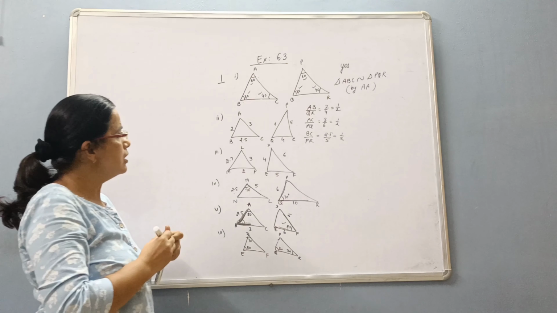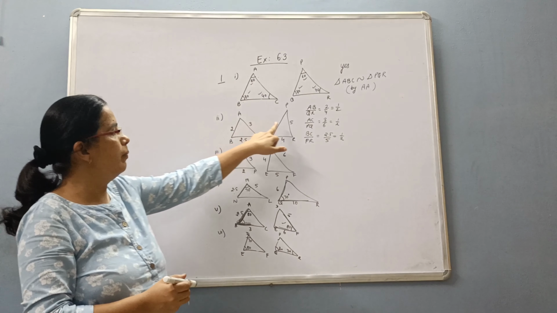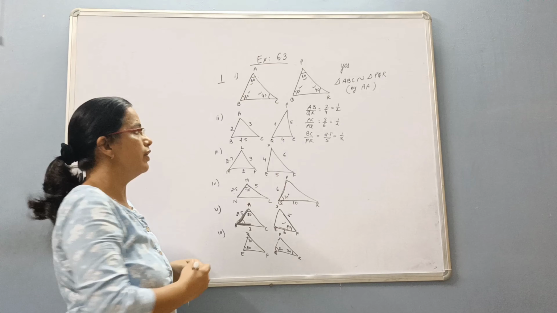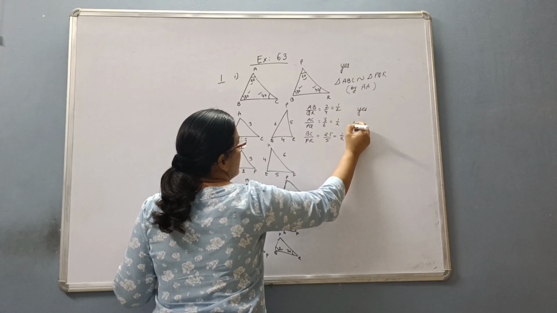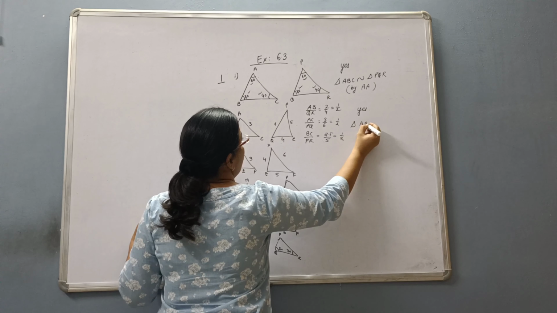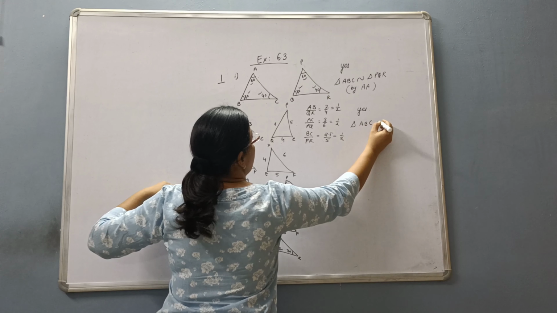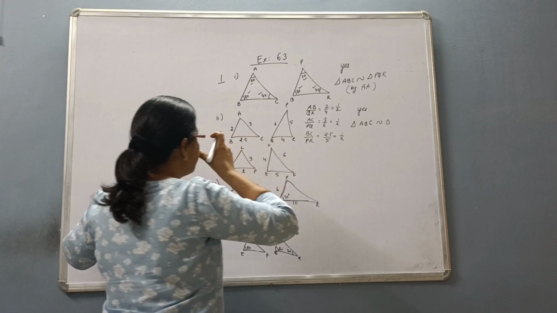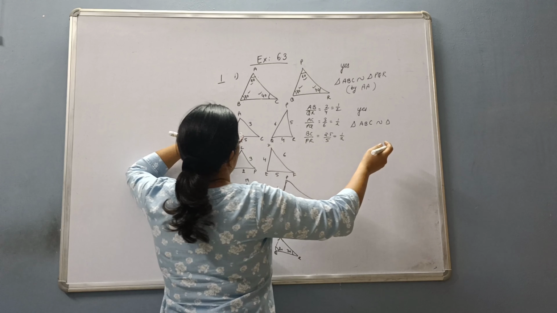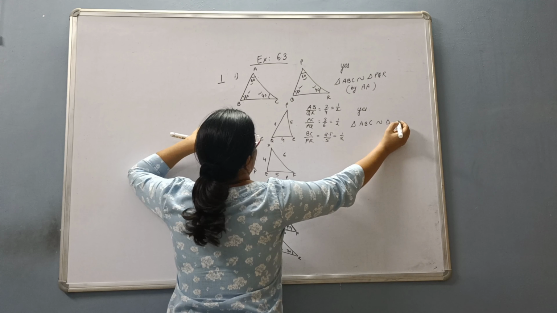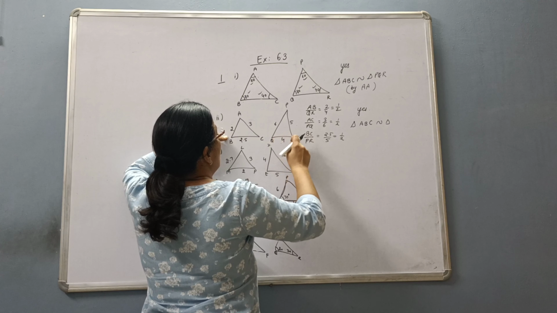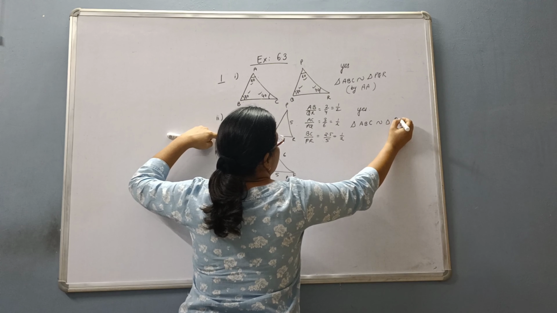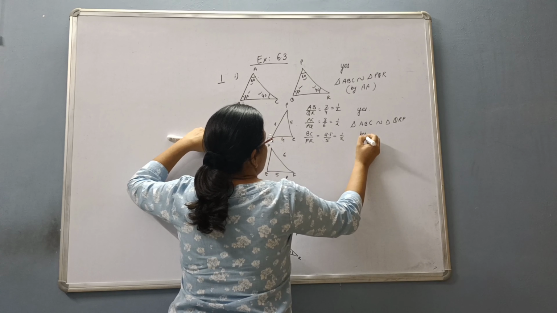So, all the sides of triangle ABC are proportional to the sides of triangle PQR. So, whether the triangles are similar, you can write yes. The triangle ABC is similar to triangle QRP by SSS similarity.